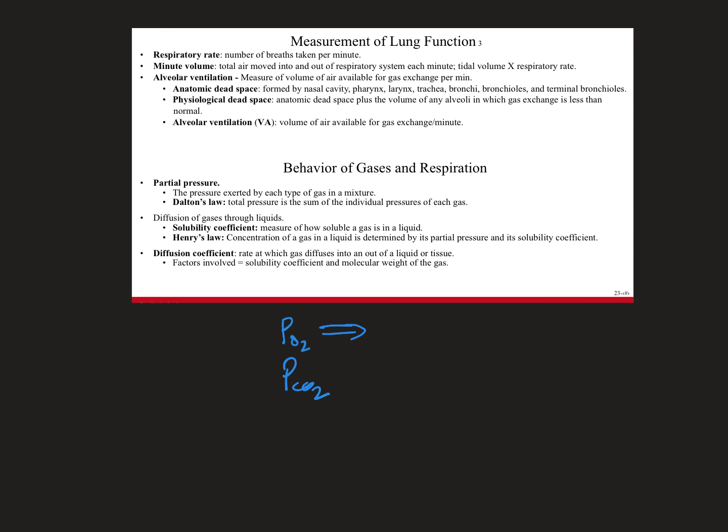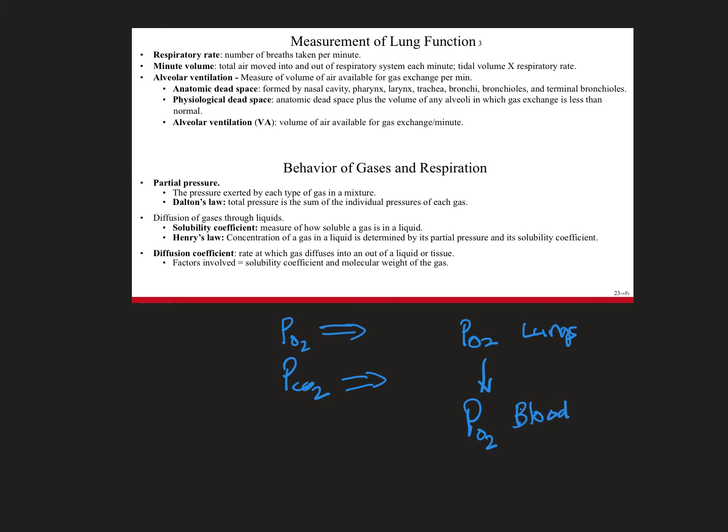As we start to look at diffusion, as we start to talk about actual gas exchange, one of the things we're going to be comparing is the partial pressure of oxygen in the lungs to the partial pressure of oxygen in the blood.